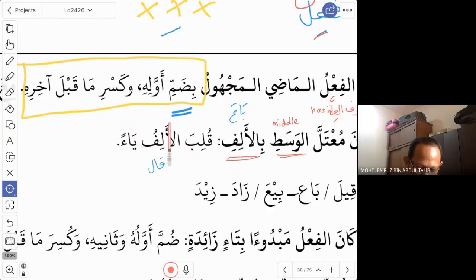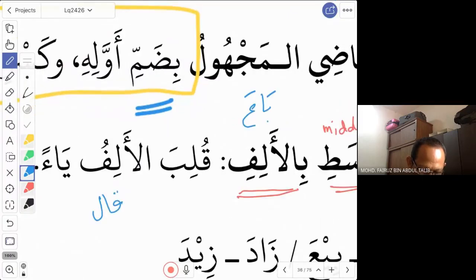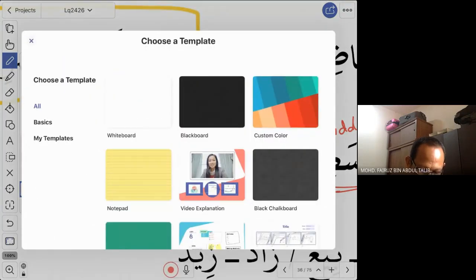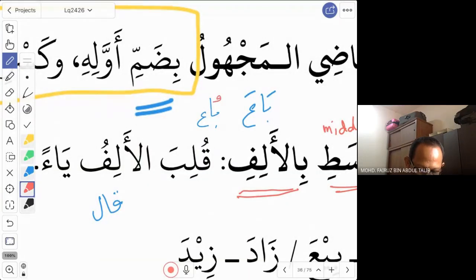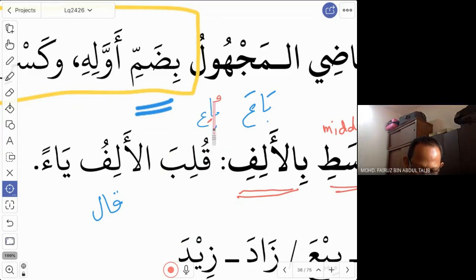So instead of ba'a, if you follow the general rule, you will write ba, alif, ain, and then you put a dhamma, dammu awaluhu, and then qabla al-akhir, the letter before the last, with a kasra. But here you have a problem because this alif, you cannot have any sign on it, because this is alif. How do you read this? Bu, ia, then it is not alif, it becomes hamza.